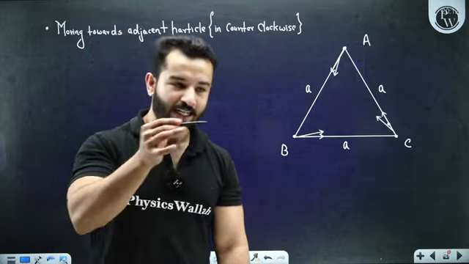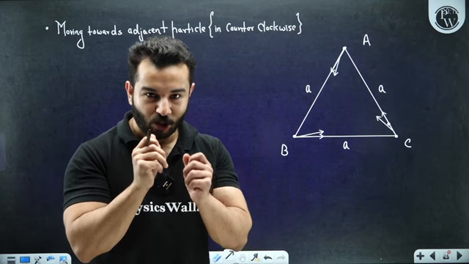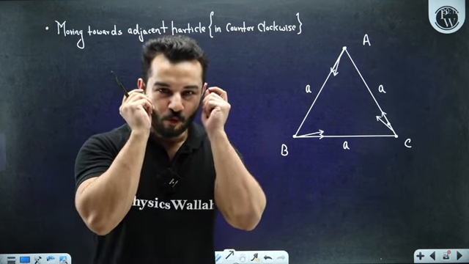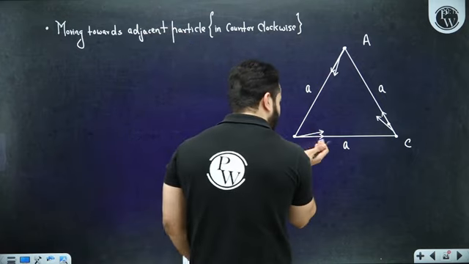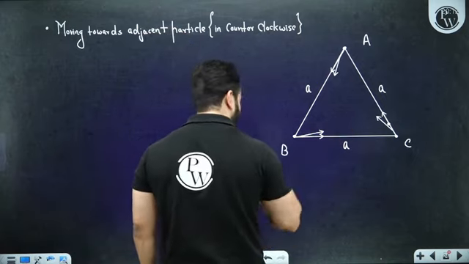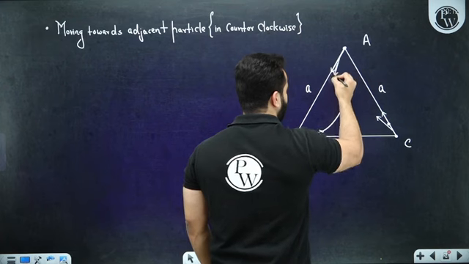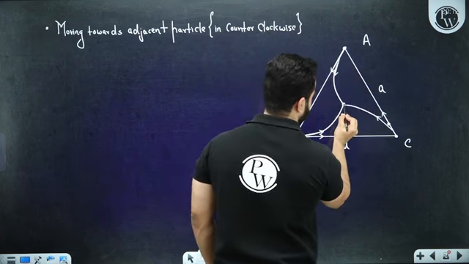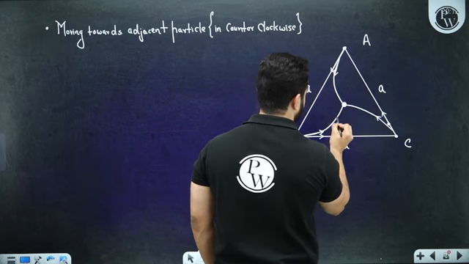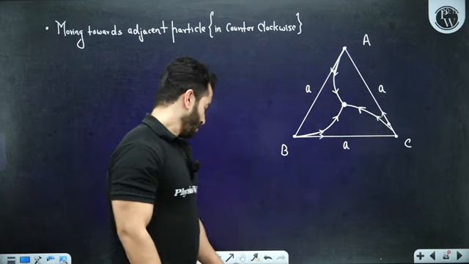I have not said that they are going to move along the triangle's sides. They are trying to move towards their adjacent particles. So after some time they will change their direction and eventually they will meet at a certain point, something like this. We have to find out this time.